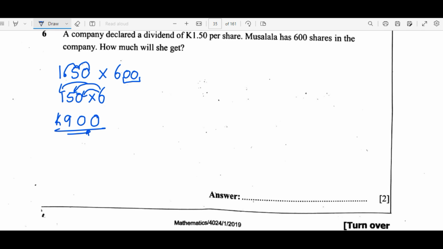Or if you want, the same way we did, we can ignore the decimal. Then we will have this number 150, and we can multiply this 150 by 600. Now the other way is, first let's ignore the zeros and just multiply by 6.